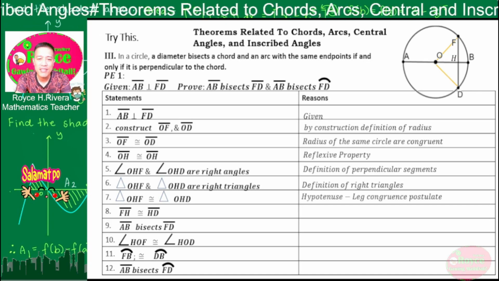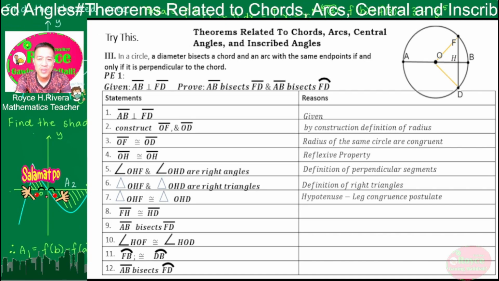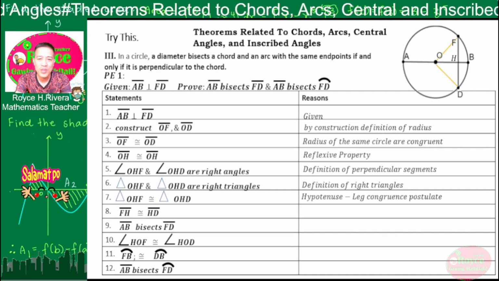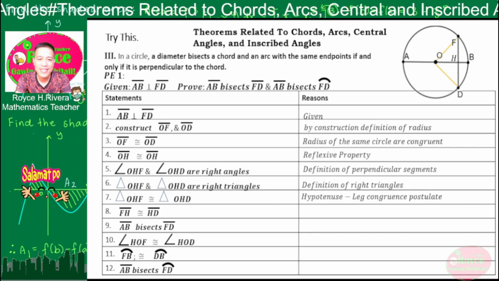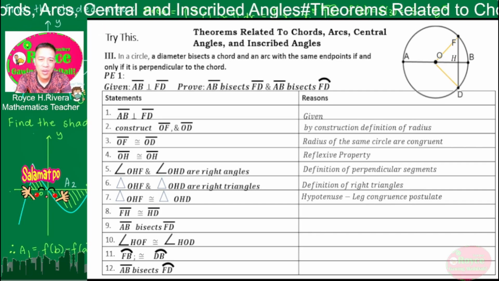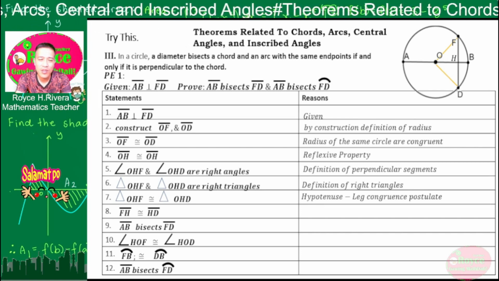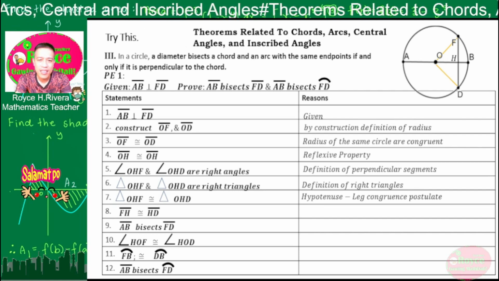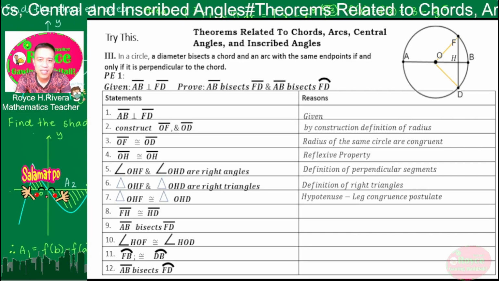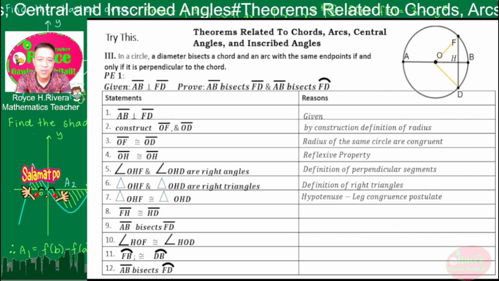For the reason, hypotenuse leg congruence postulate. The hypotenuse OF and OD are congruent, and the leg OH and OH are congruent.